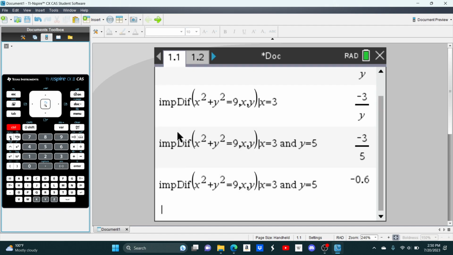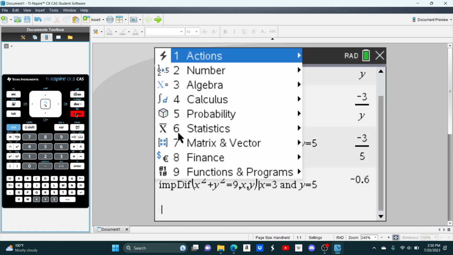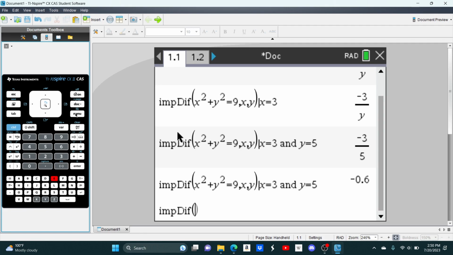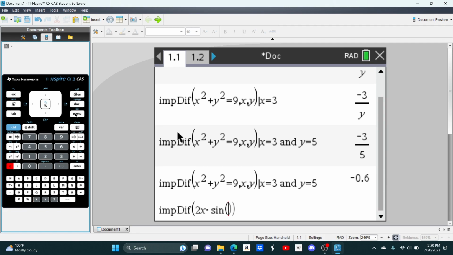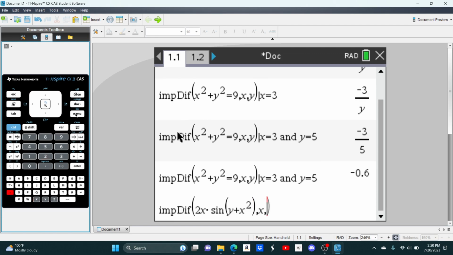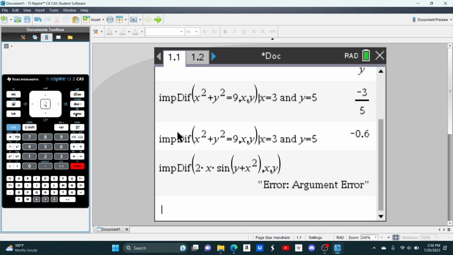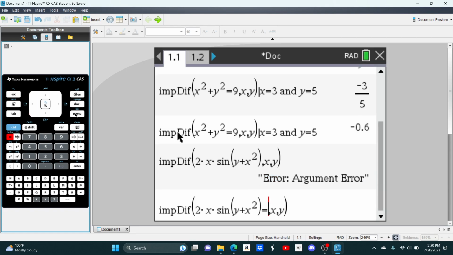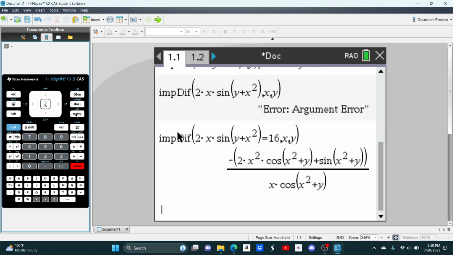I bet I could come up with a pretty complex different implicit differentiation. Maybe like 2x times the sine of y plus x squared. Something like that. That's pretty bad. Oh, it has to be equal to something. Equals 16. Right?